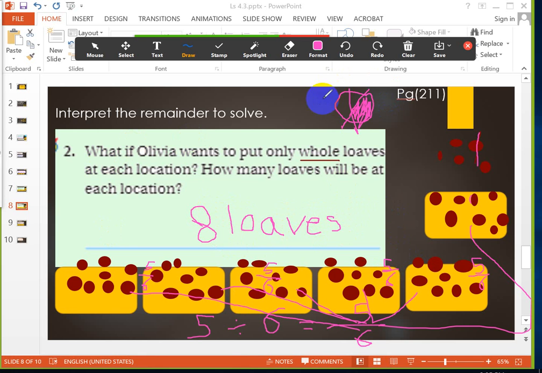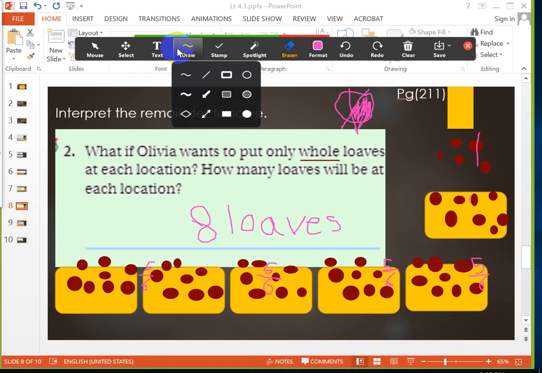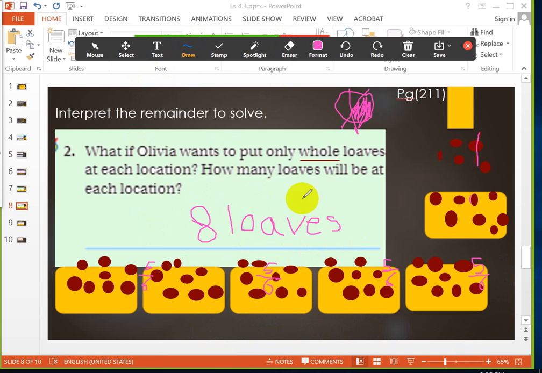Loaves is the bread loaf. You know the bread loaf? I think you know it. So that means I will erase the 5/6, the little bit one. Okay, girls? You write this answer.